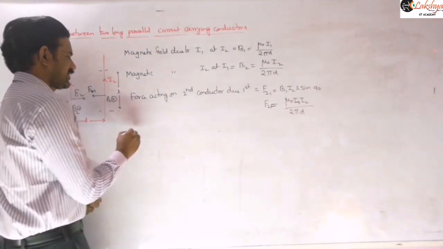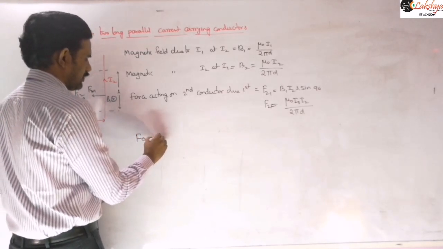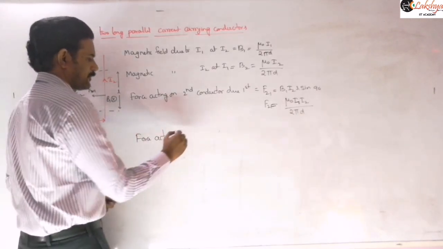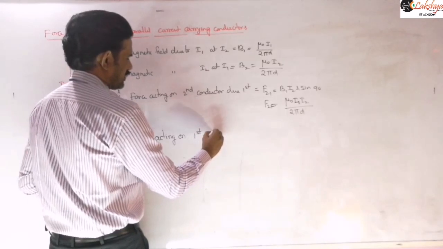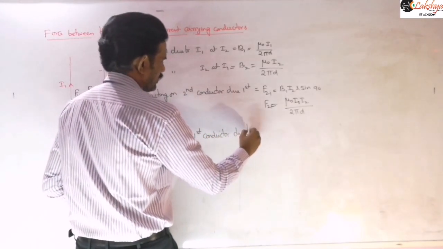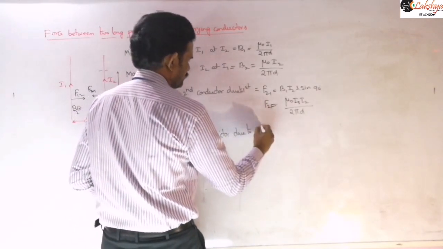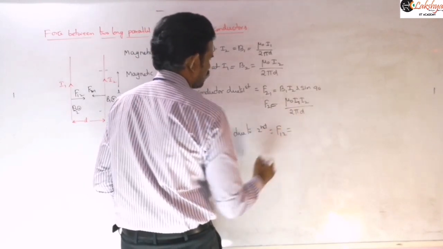Next, let us write the force acting on the first conductor due to the second conductor. So F12.